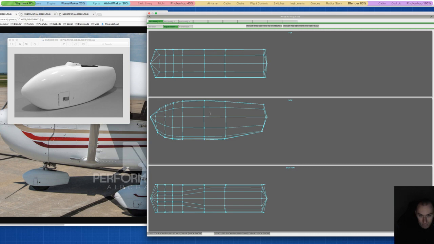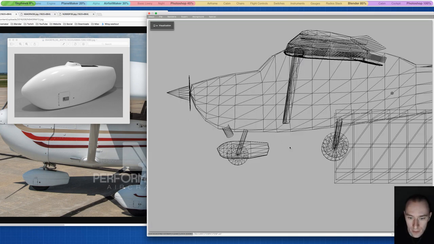This is pretty good. I would even say the side view is finished, but a little bit too sharp on this edge.